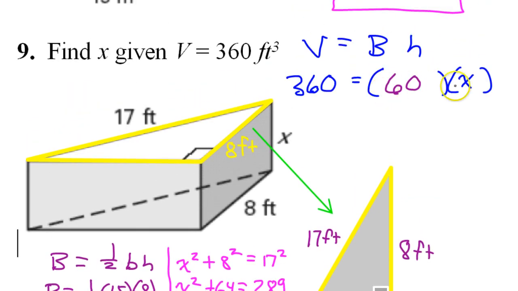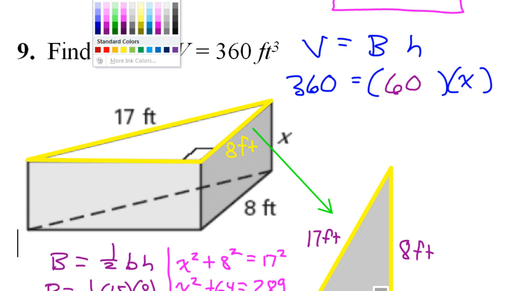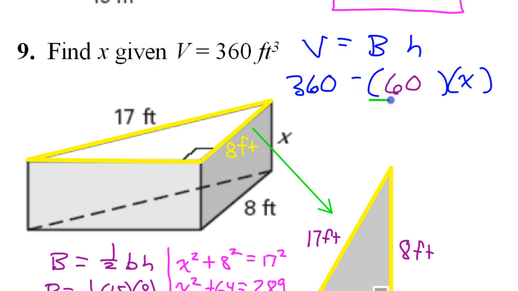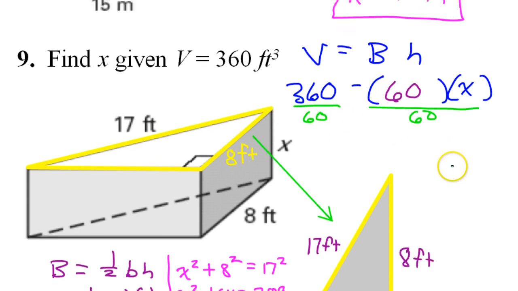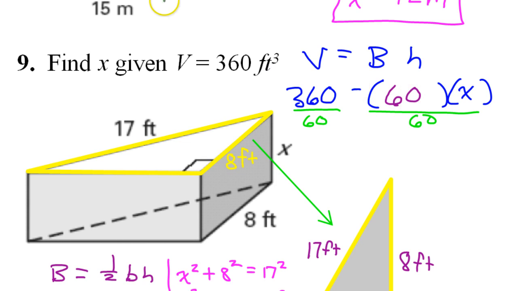Okay, so now we can solve this for x by dividing both sides by 60. That way the 60s will cancel out, and we will have x equals 6. Let's get the units in there though. So 6 feet.